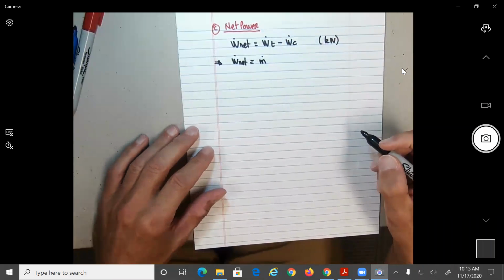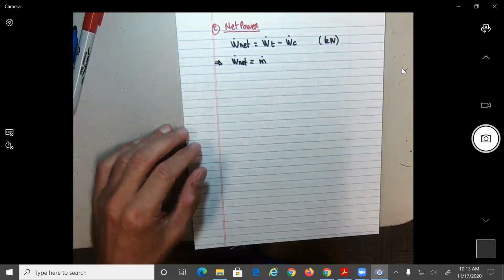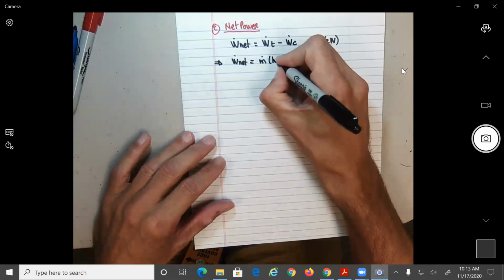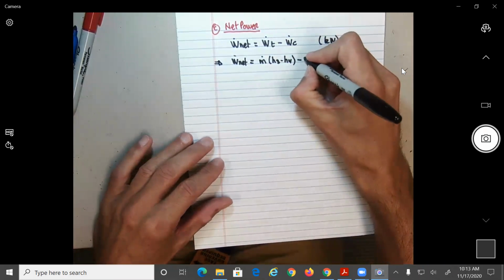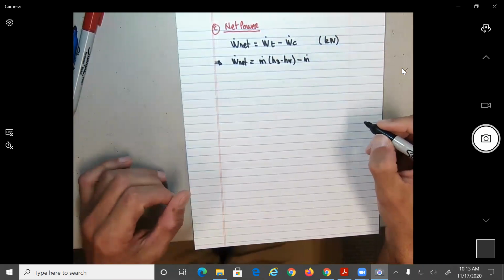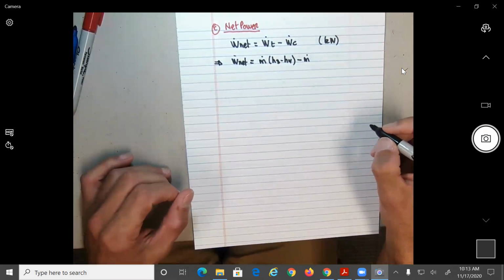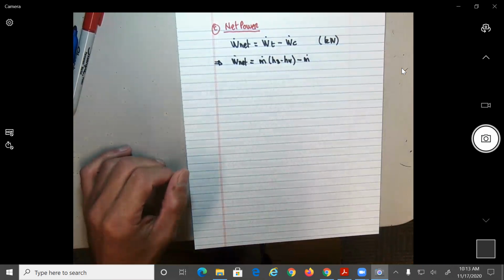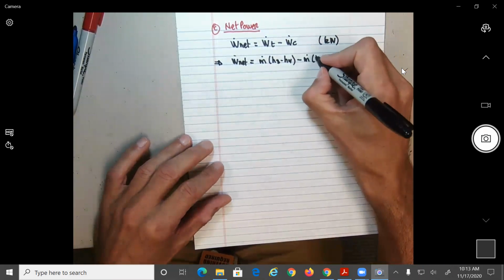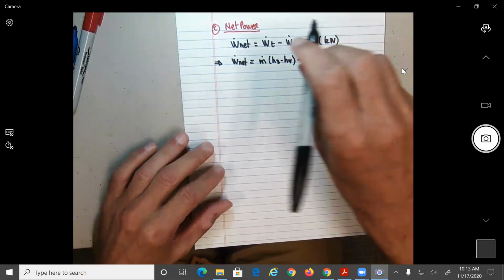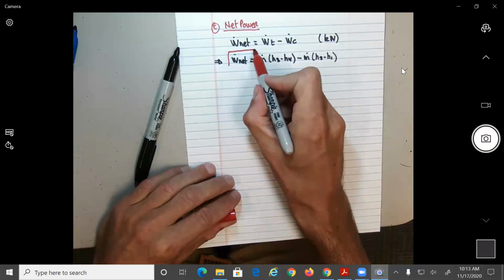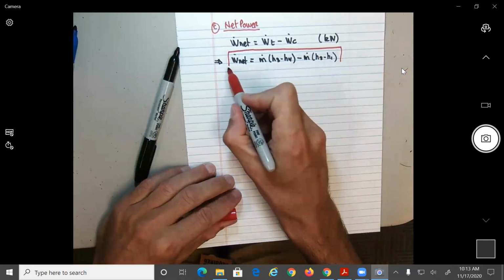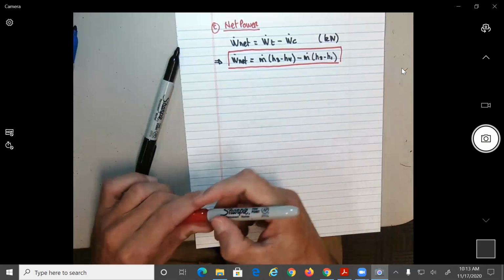The work of the turbine we say was equal to H3 minus H4, and because of the continuity of mass, the one of the compressor will be H2 minus H1. So in this problem we have all the different H values, but we don't have the M.